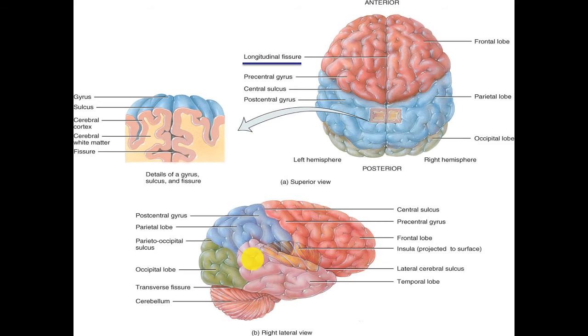The temporal lobe has various functions. One of them is auditory, because our ears are right there. So the auditory area of our brain is located in the temporal lobe. And the parietal lobe is a major processing center for sensory and motor control, and we'll talk about that here in a few minutes.